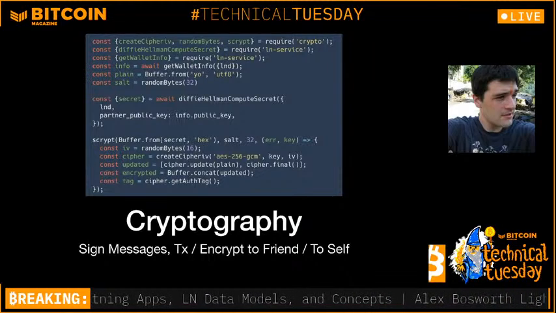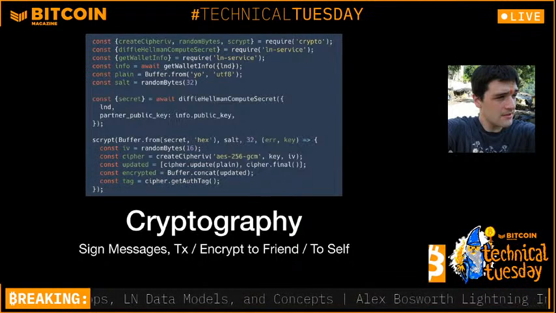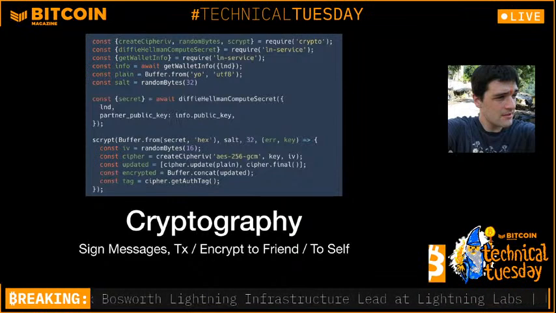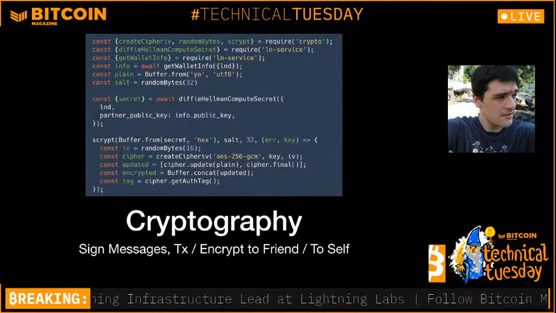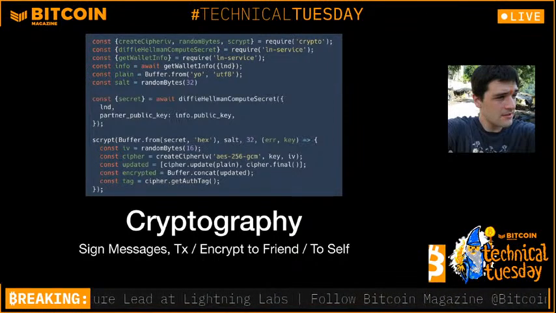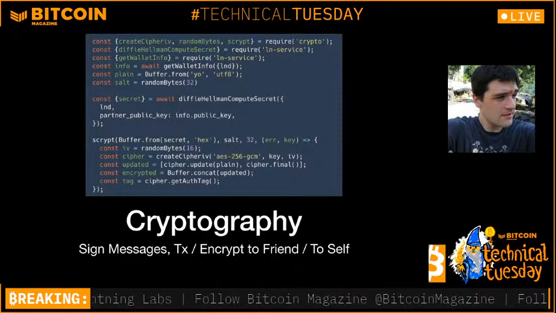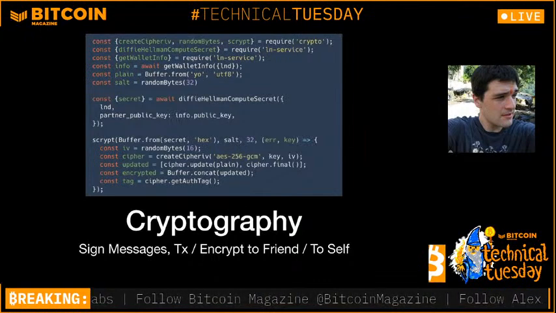Something you can use for the TLV messaging is that you can sign the statement you're sending to the destination, so the receiver knows who it's from. Normally in Lightning, you wouldn't know who is sending you the message, but you can use LND's signing APIs to create a signature that signs over your message.